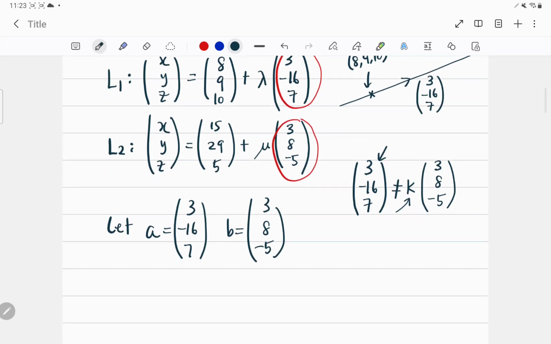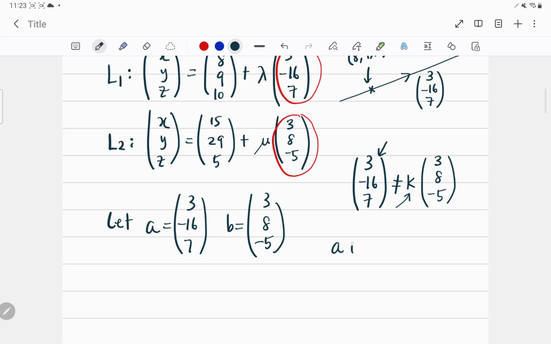Actually, A is not parallel to B. So because A is not parallel to B, there is a chance that line 1 will intersect line 2, and line 1 will make an angle with line 2. If line 1 is parallel to line 2, we can never find the angle between line 1 and line 2.